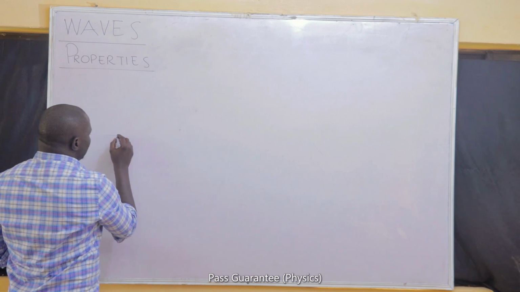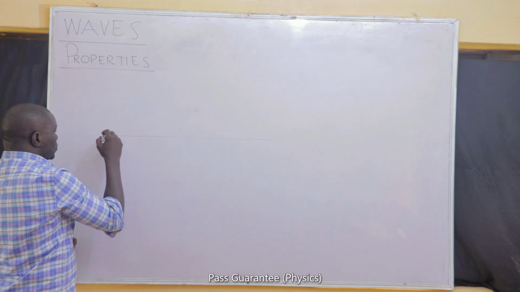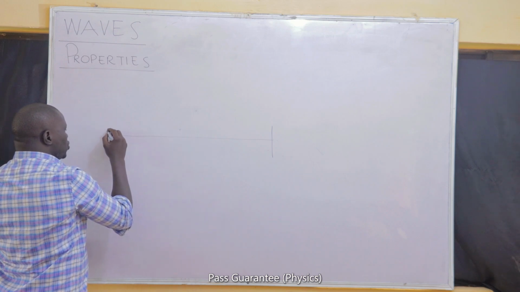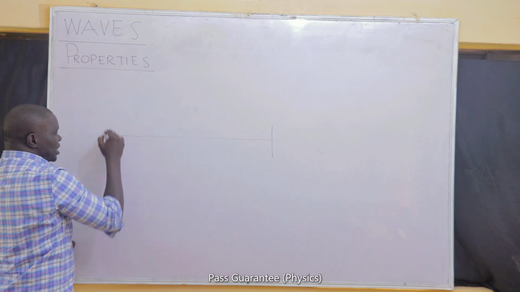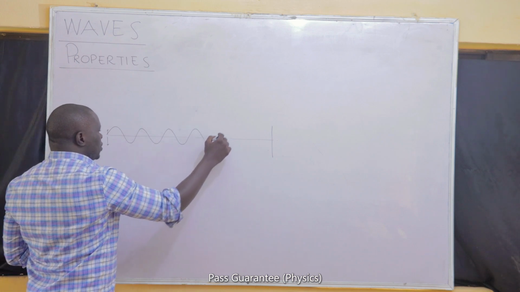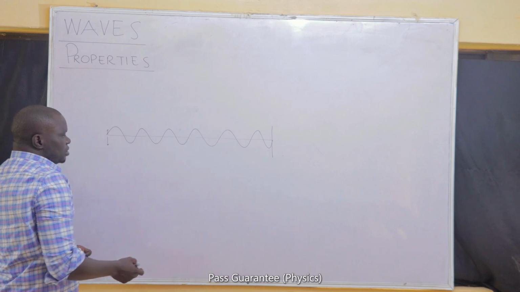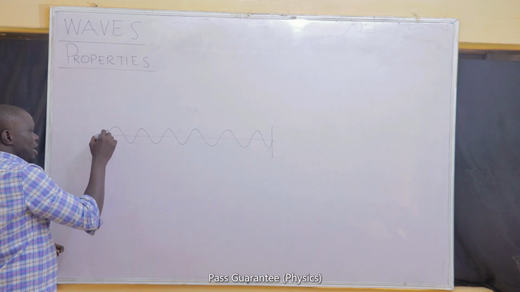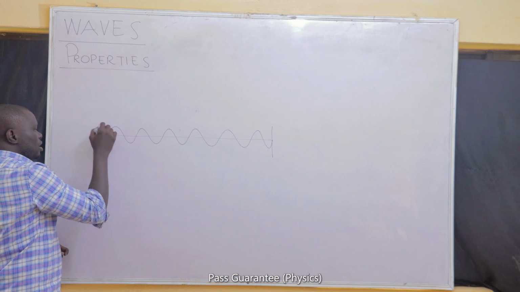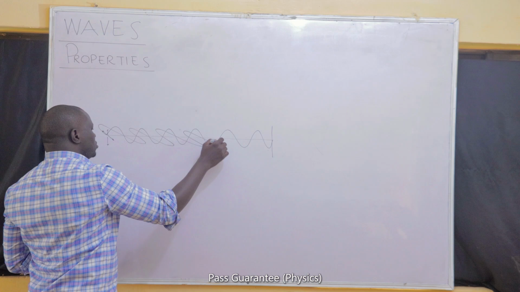If we have a wave on a rope and I choose to agitate it vertically upward and downward, then we will have a wave that will vibrate in only the vertical plane. Now imagine that as I am doing that, I am also vibrating it sideways. Then I will have a wave whose vibration is also in the horizontal plane.